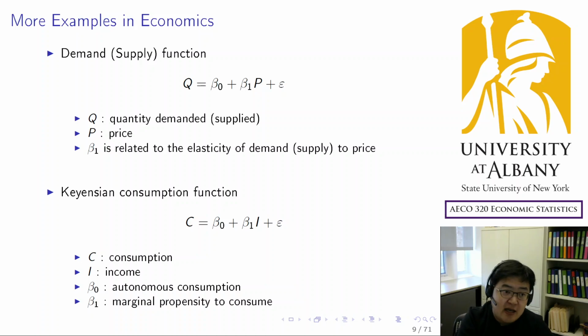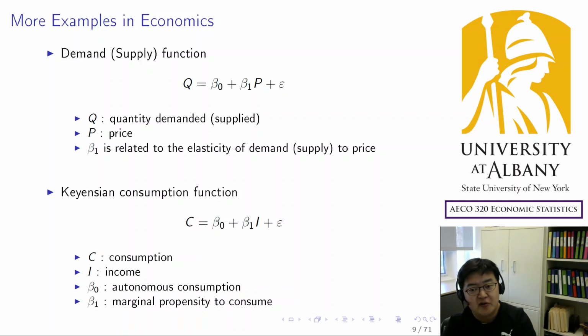And beta 1, the marginal propensity to consume, is one of the most important parameters when you determine the effect of government spending. If you have heard about the multiplier effect, when the government increases its spending by, say, $1 million, then GDP actually increases more than $1 million, right?